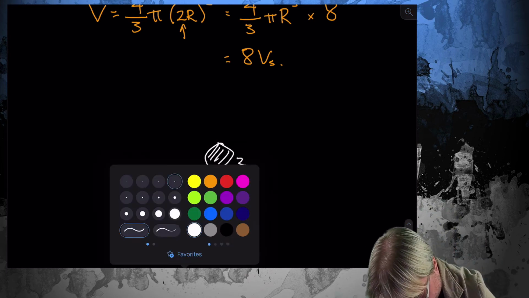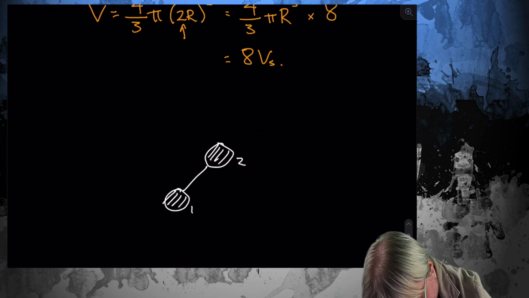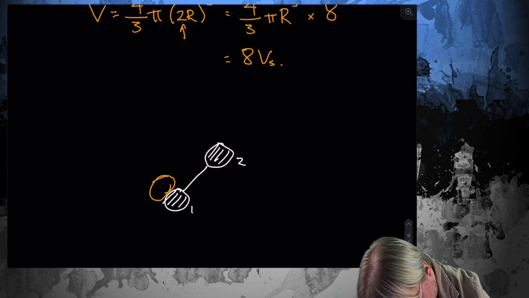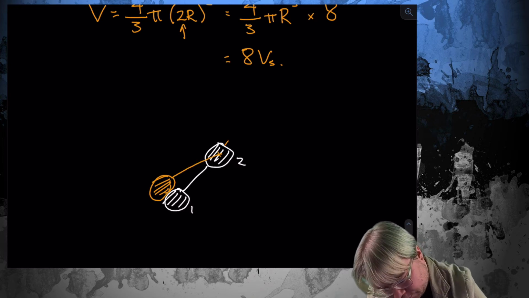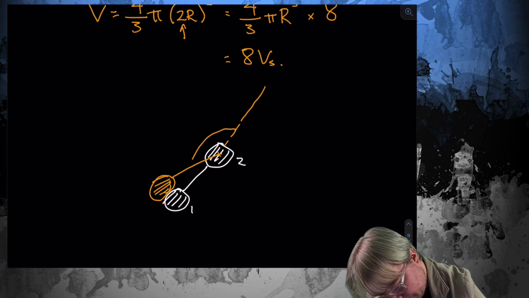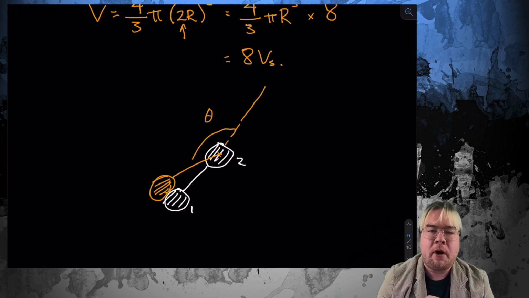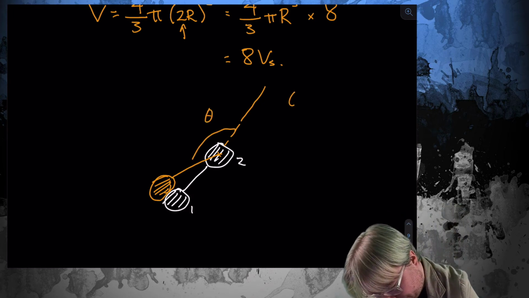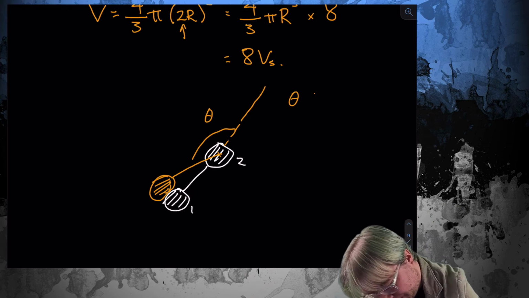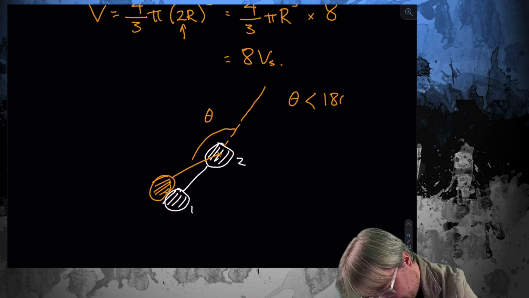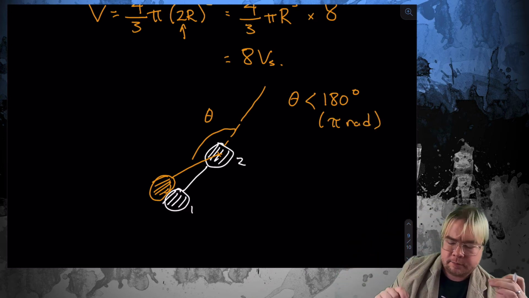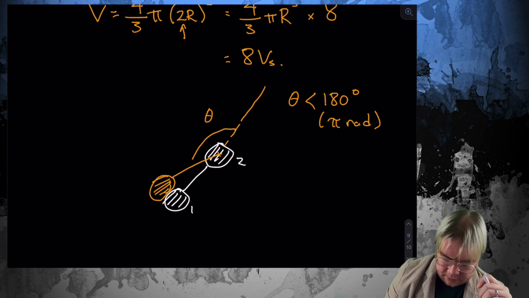Then that means that the third monomer that I want to put in might be here, but that's as close as they can get. So that's going to put some limit on what that bond angle can be. That bond angle, theta, must be less than 180 degrees. We'll use radians a lot in this class, but less than 180 degrees.